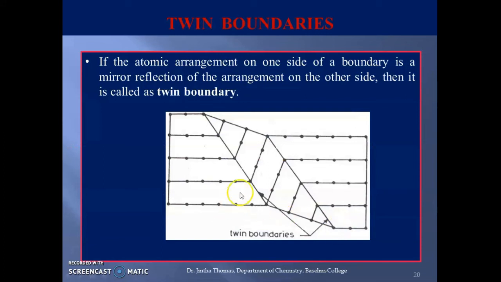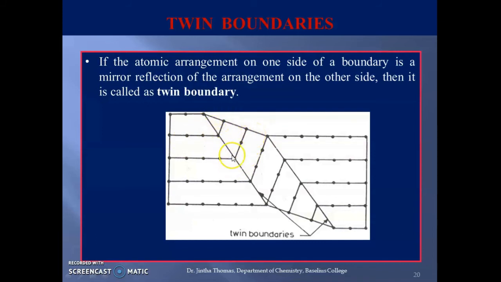As you can see here, if the atomic arrangement on one side of a boundary is a mirror reflection of the arrangement on the other side, then it is called as a twin boundary. Here we can see the occurrence of two twin boundaries. This one is a twin boundary and this one is also a twin boundary. So if we consider this as the original crystal, then here we see its mirror image.